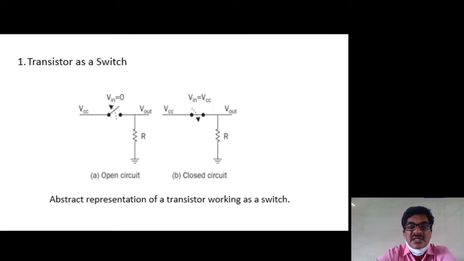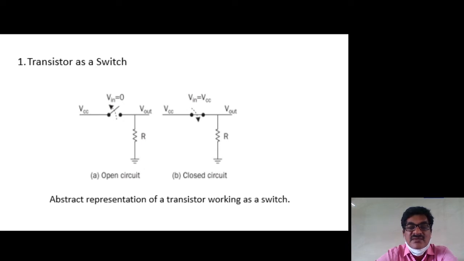Suppose the input voltage Vin is 0. The transistor acts as a transistor switch, and with input voltage 0 it is an open switch, so it acts as an open circuit.